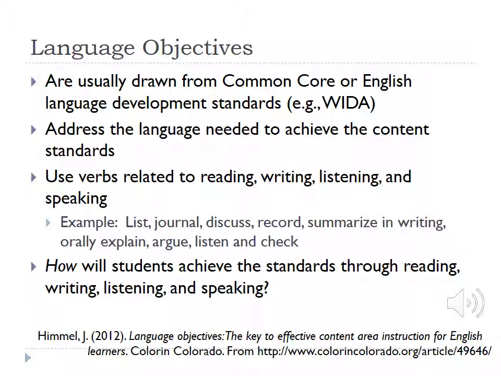Language objectives are typically drawn from the Common Core or English language development standards. There are many sources for language objectives, such as analyzing students' reading, writing, listening, and speaking for areas where they need to grow, or looking at the content and the language required to be successful in talking or writing about that content, the way you just did with the pictures.